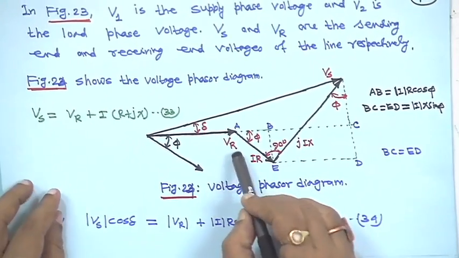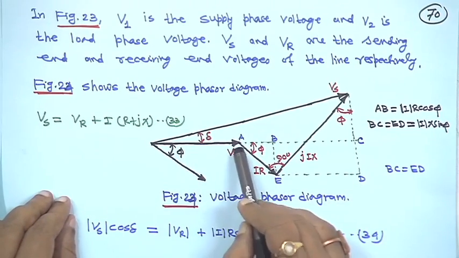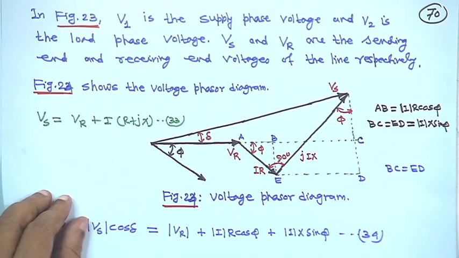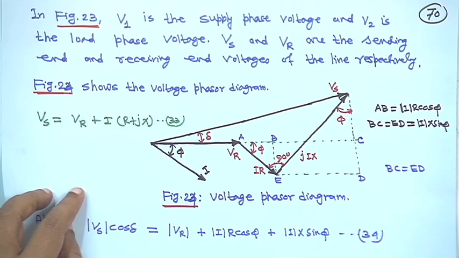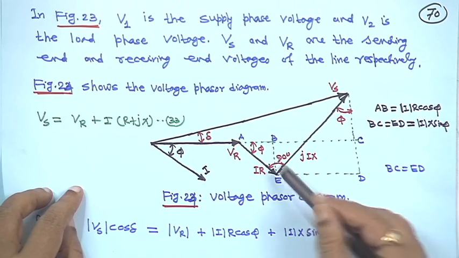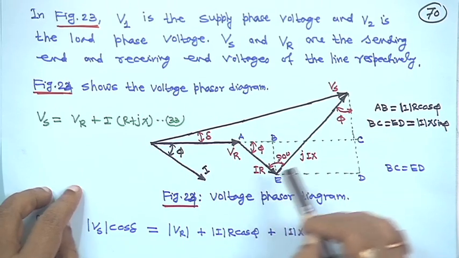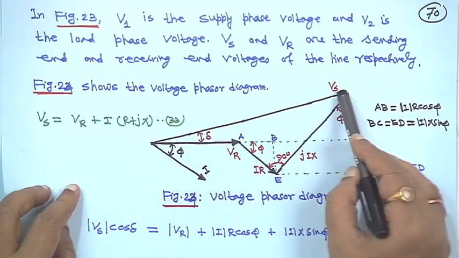Take the receiving end voltage as the reference in the phasor diagram. Suppose the current through this is lagging by angle phi. Then this voltage is the IR drop, and at 90° to it is j into IX, and you complete the phasor diagram.